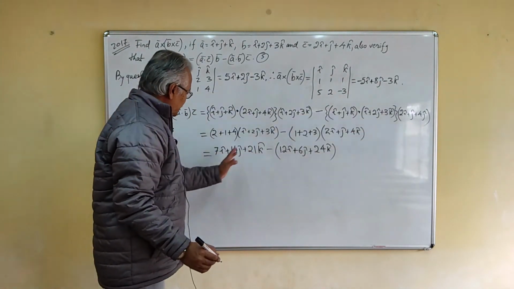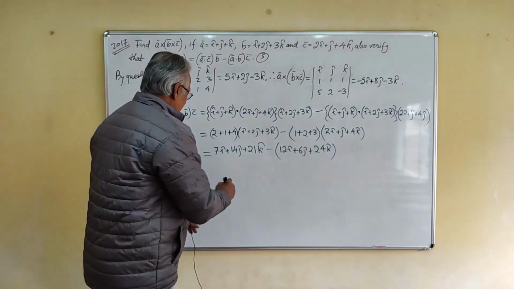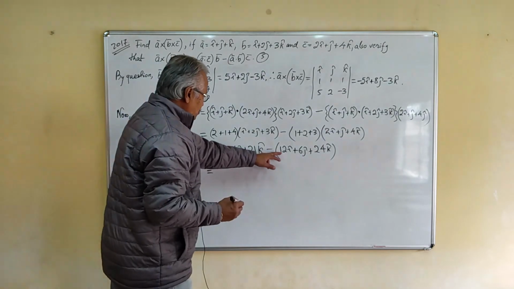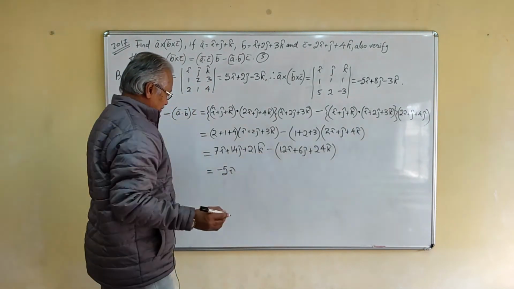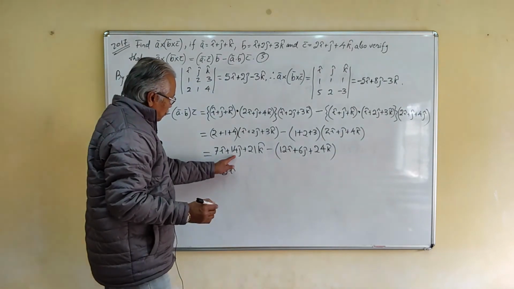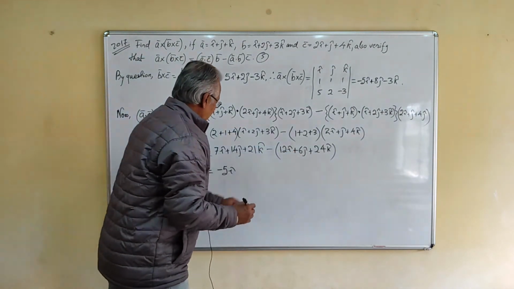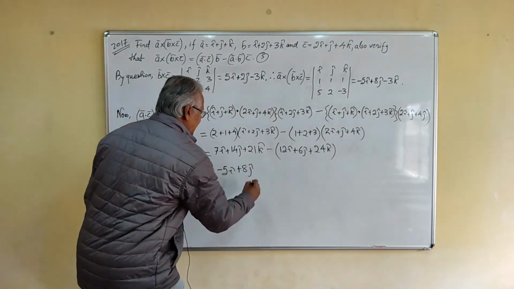So we are going to subtract i with i, j with j, and k with k. So what do we get? 7i minus 12i will be minus 5i, right? 14j minus 6j will be 8j.